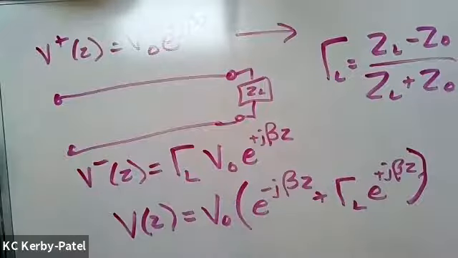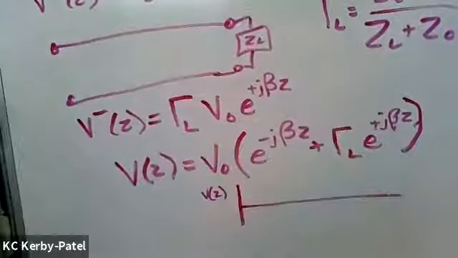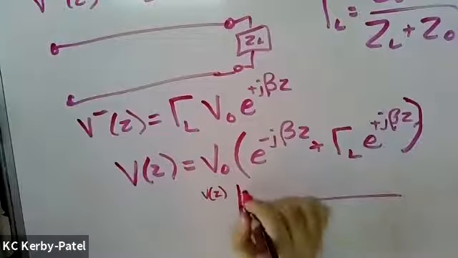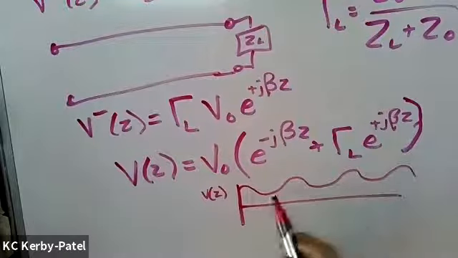It's important to note that we're still in phasor domain. All of these terms still have that invisible e to the j omega t on them. So although what this does is it sets up a standing wave, like v of z has some amplitude that's now going to sort of look like that, that standing wave still varies with time.